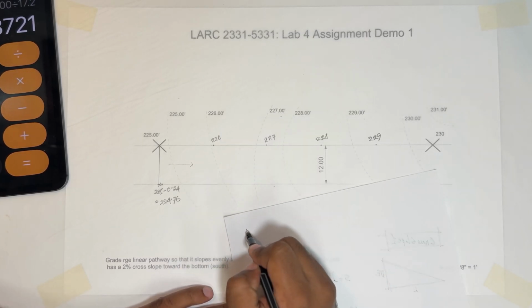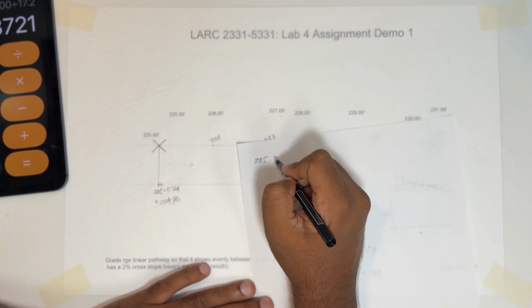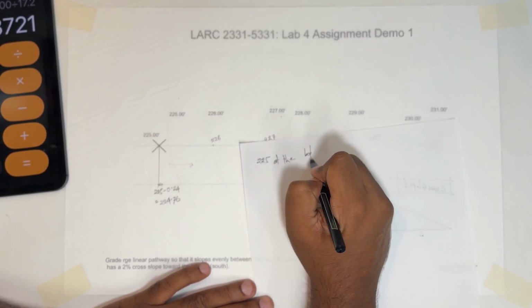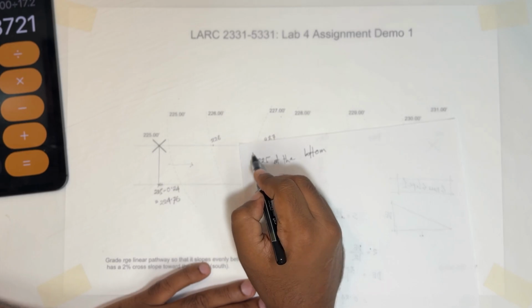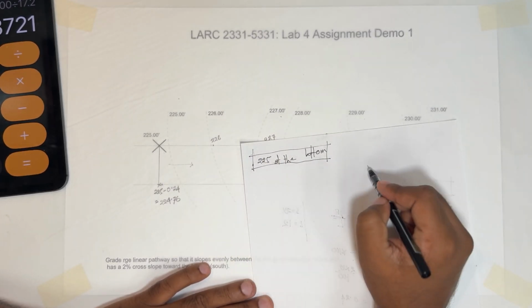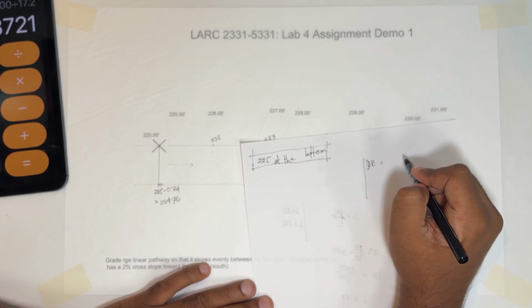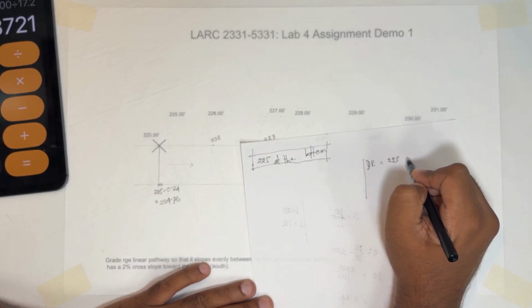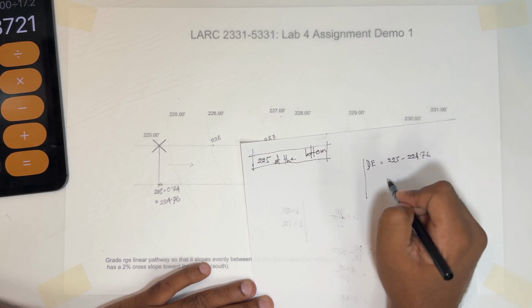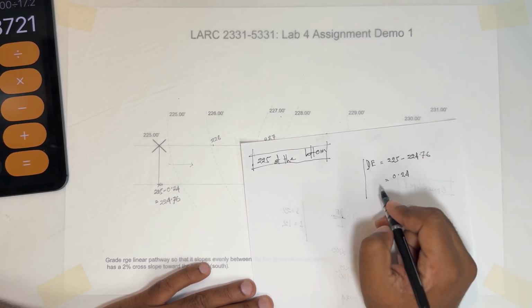So for 225 at the bottom, dE would be 225 minus 224.76, which is 0.24.